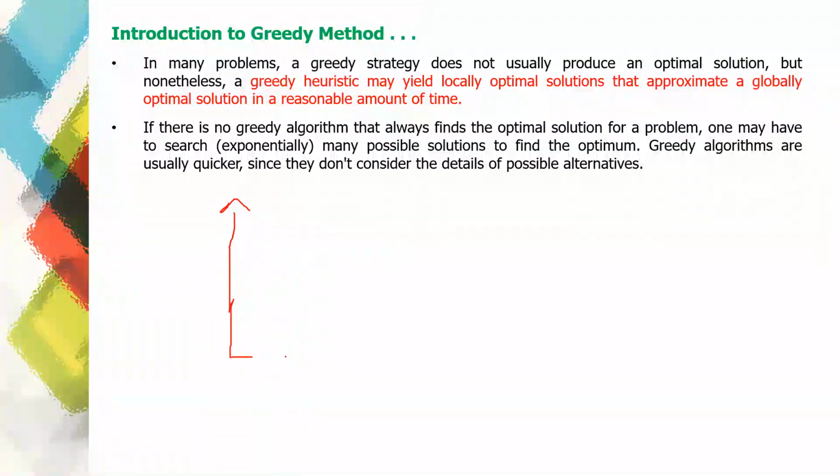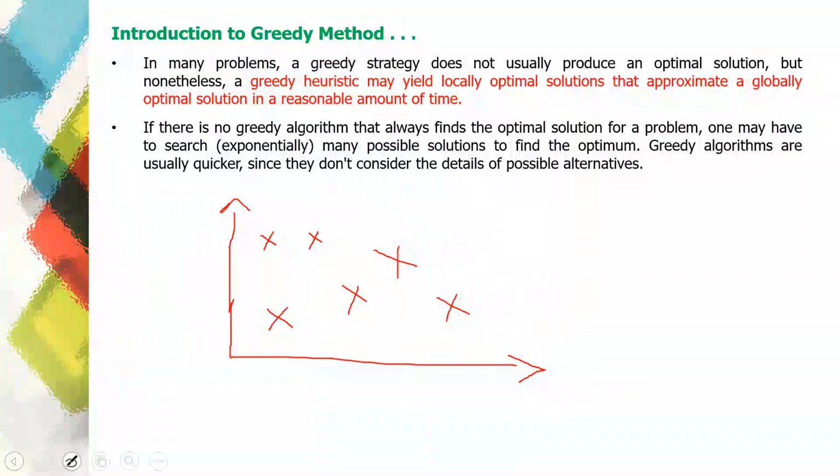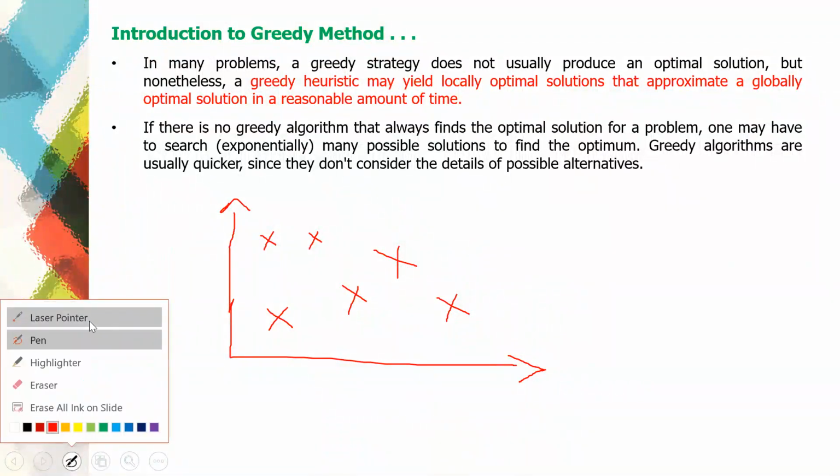I'll take a two-dimensional coordinate system, and I'm going to represent the solutions here. Some solution, another solution, another solution. There may be many solutions like this. Now, this is your solution search space.